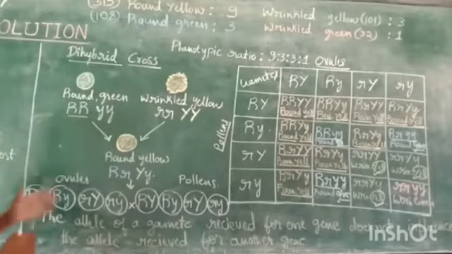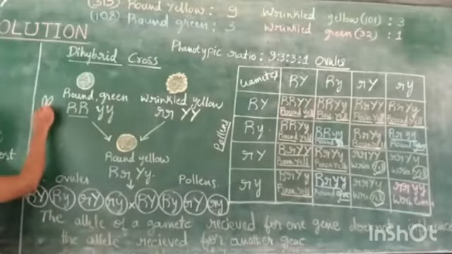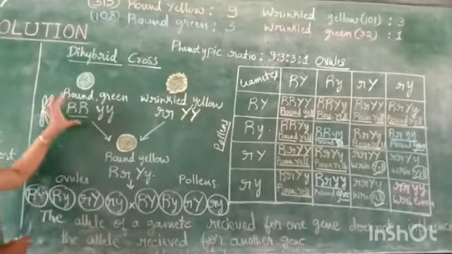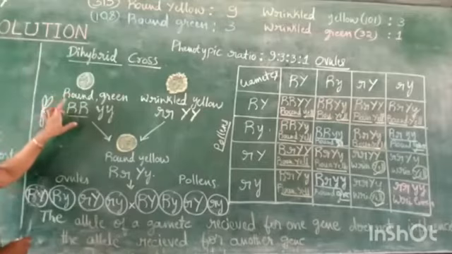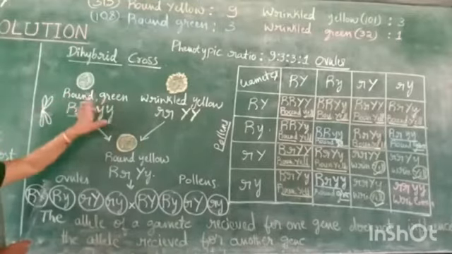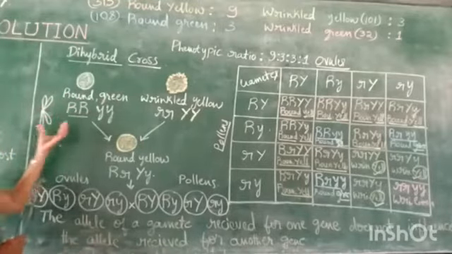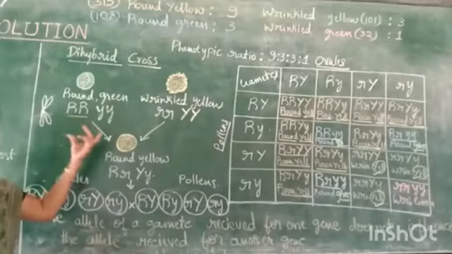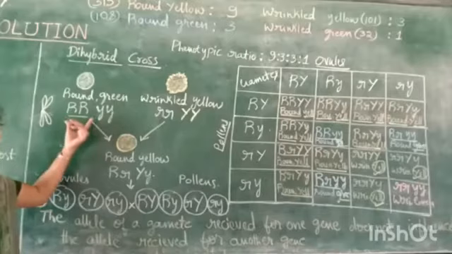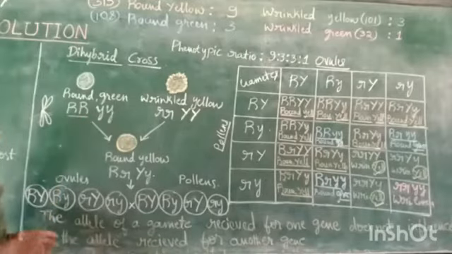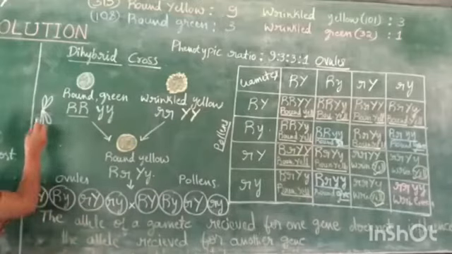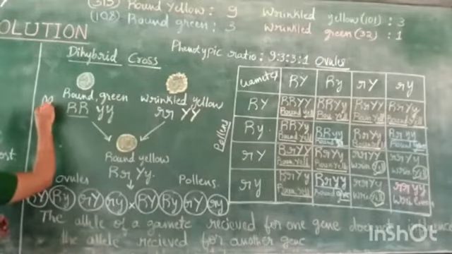These alleles will be present on the chromosome. So in this plant having round shaped seeds and green colored seeds, there will be a genetic organ, maybe the male part or female part. If we consider male, that means pollens. In the pollens, the nucleus will have chromosomes. On the chromosomes there will be a locus.